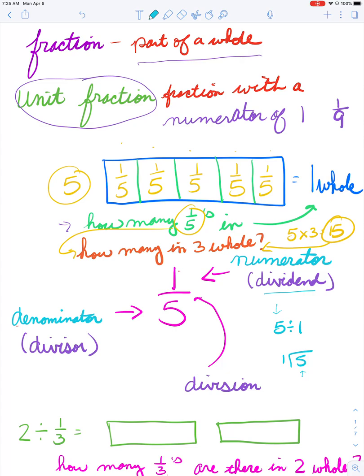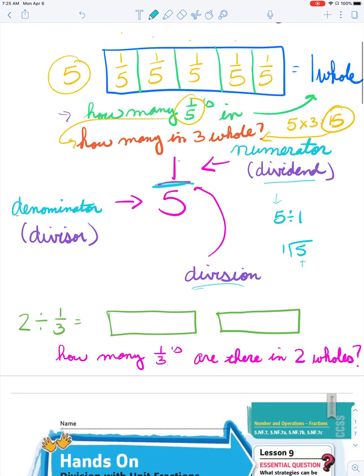And then the denominator is also known as the divisor, which is the second number in the division problem. And it's also the bottom number in the fraction. And the bar that you have here in the fraction is just telling you that you're going to do division. So that's a little background information about fractions before we move on.